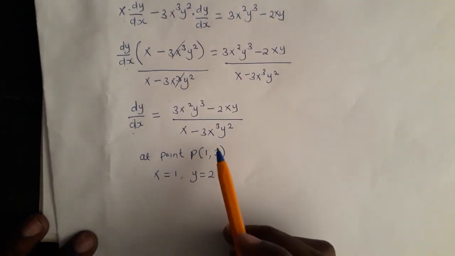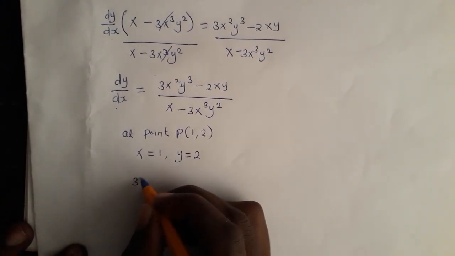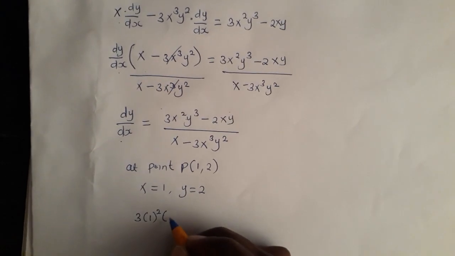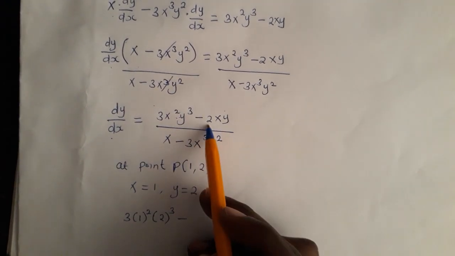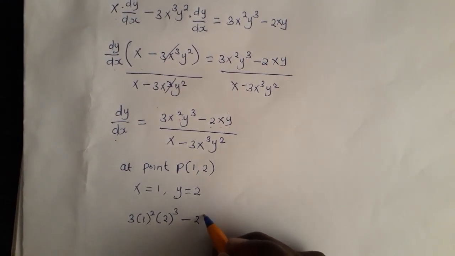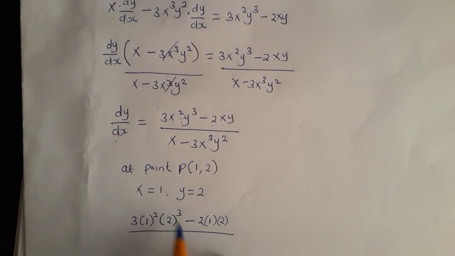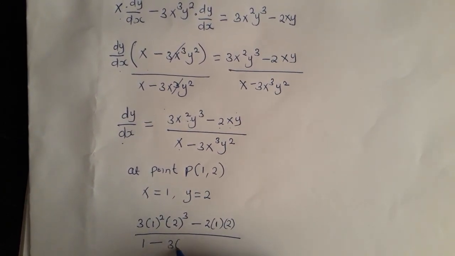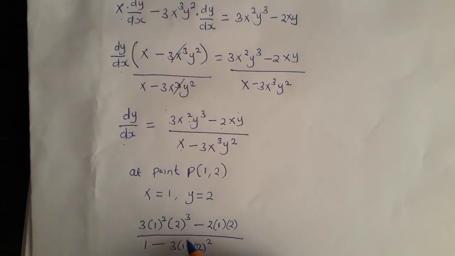So we are going to have 3, and then our x is 1 squared, and then y is 2 power 3, minus 2, our x is 1 and our y is 2, over our x, which is 1, minus 3, x is 1, and then y is 2 squared.